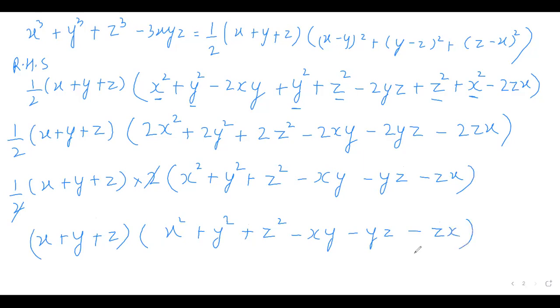That is your identity number 8. So in place of this, I can write x cube plus y cube plus z cube minus 3xyz. So you can say LHS is equal to RHS.